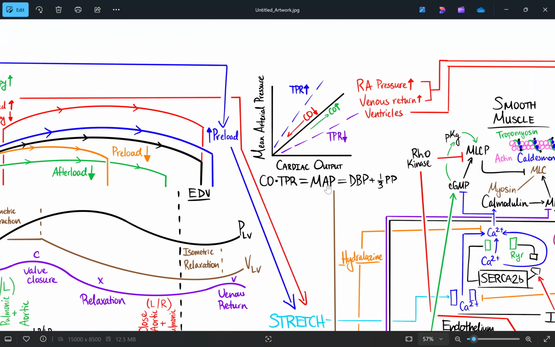Because if you think about it, if you spit water out through a straw a little slower, you're going to meet less resistance versus if you try to blow out a lot of pressure really fast through a straw. You can also have changes in that relationship. So if your total peripheral resistance increases, then that means you're going to have more pressure to push against. And if your TPR drops, you'll have less pressure to push against, so your mean arterial pressure will also drop.